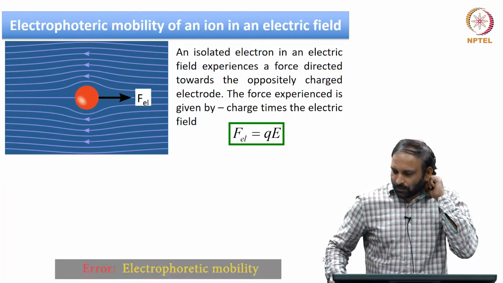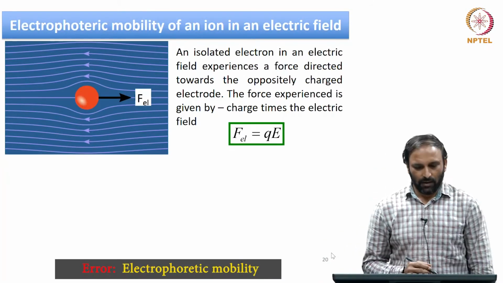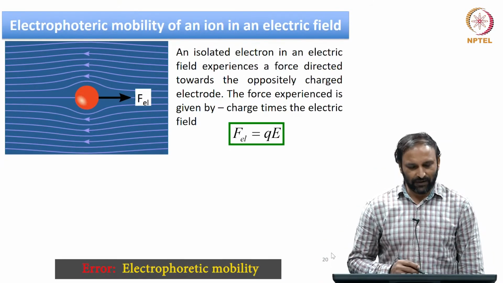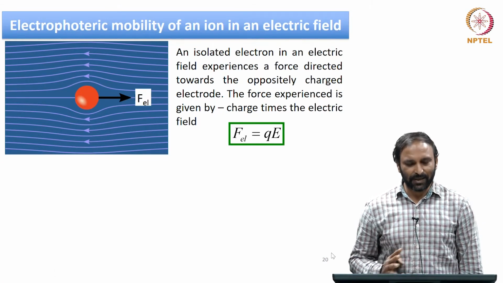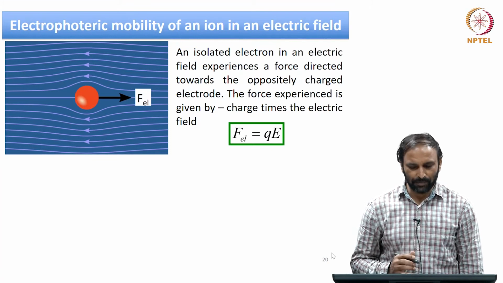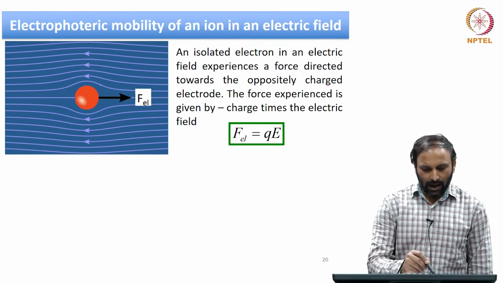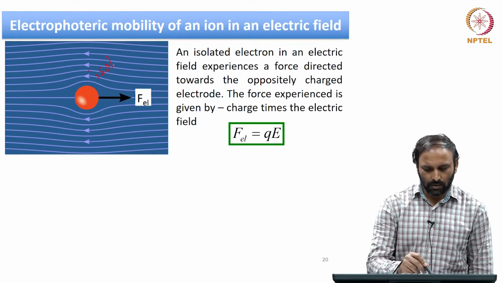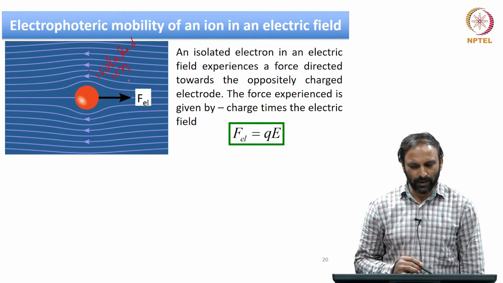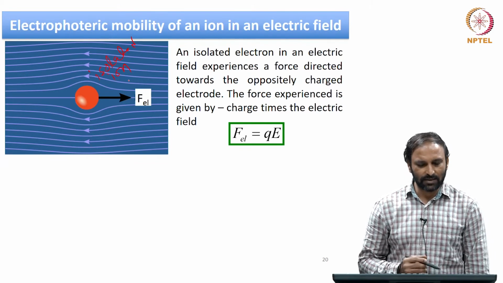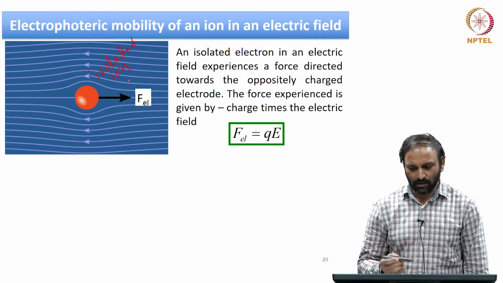So, let us look at the migration of an ion in the electric field. We will take a simple case where you have an isolated ion in a fluid, and an electric field is applied.